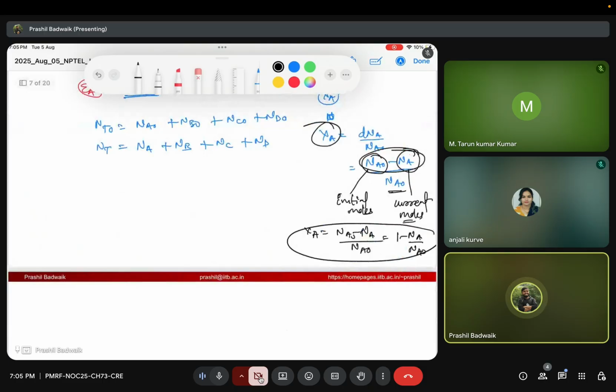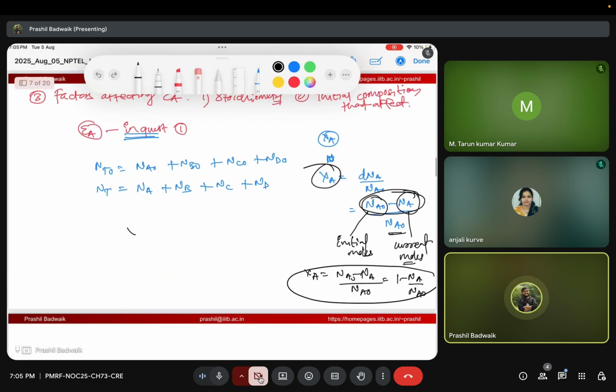Similarly for b, which is a reactant, xb you can write with the same equation. And for xc, which is the product, earlier it was nc naught, and the present value is nc, and then with respect to nc naught, the change will give you xc, right?